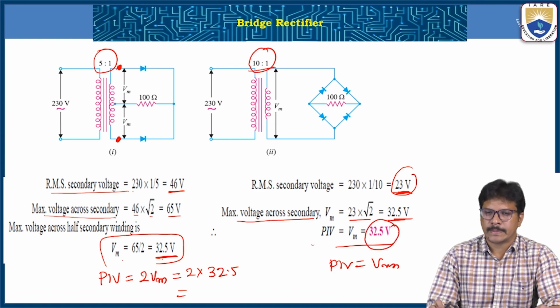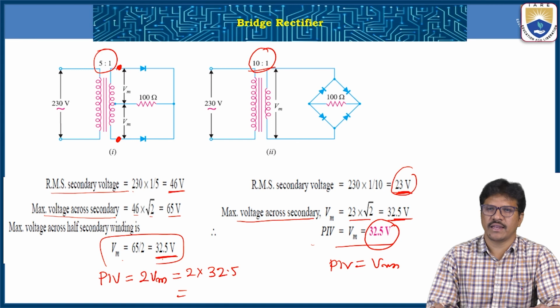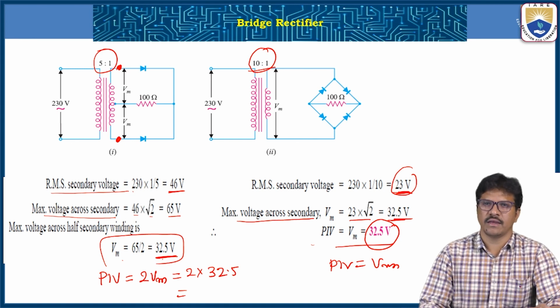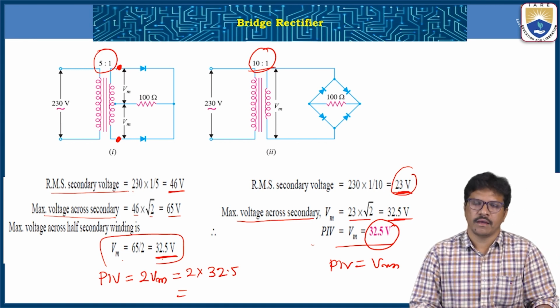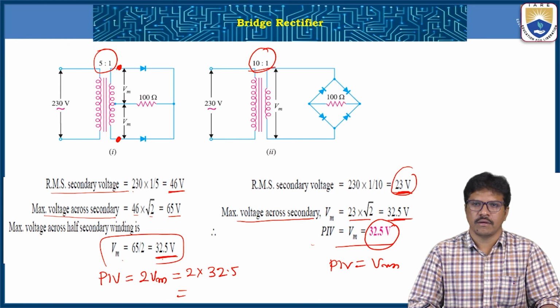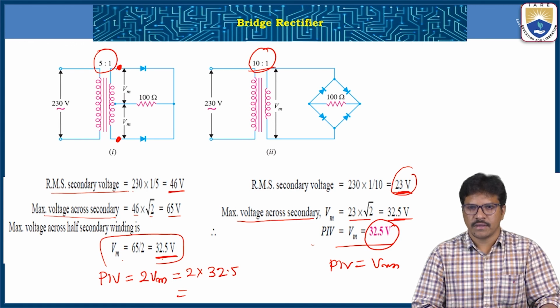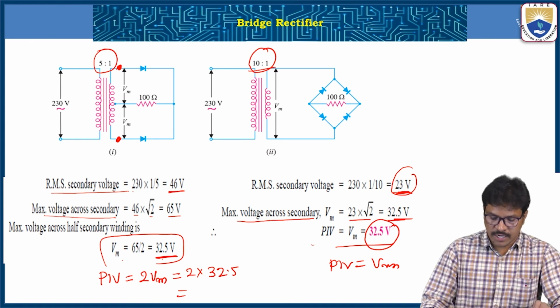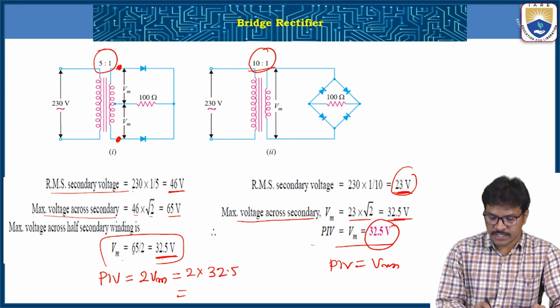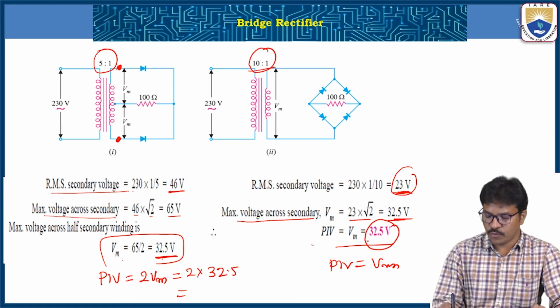These two figures show the same secondary coil maximum voltage and DC voltage. Here, the maximum voltage reaching the diodes is 32.5.